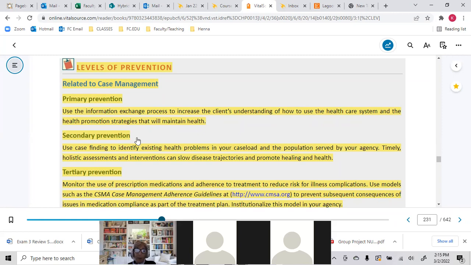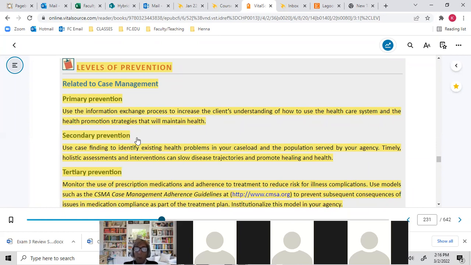What are the key words that make it secondary? Assessment and intervention. You're finding and identifying, you're trying to mitigate an issue.